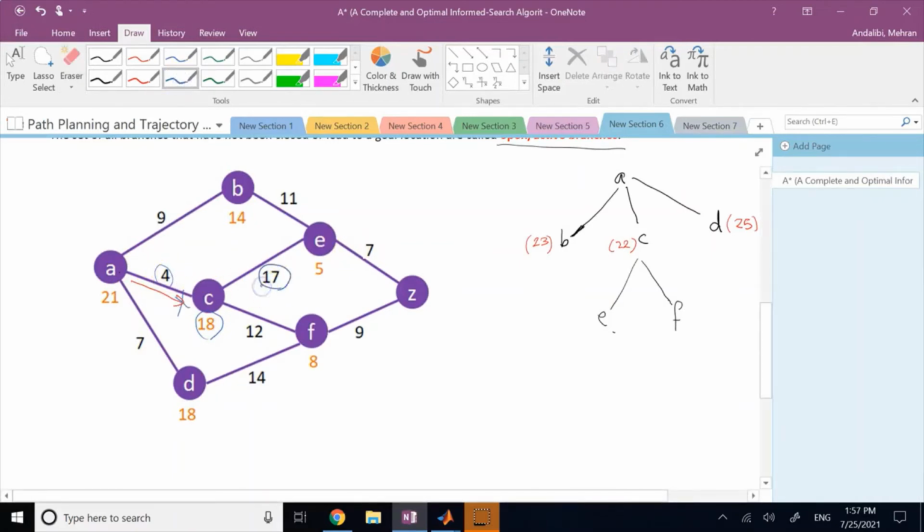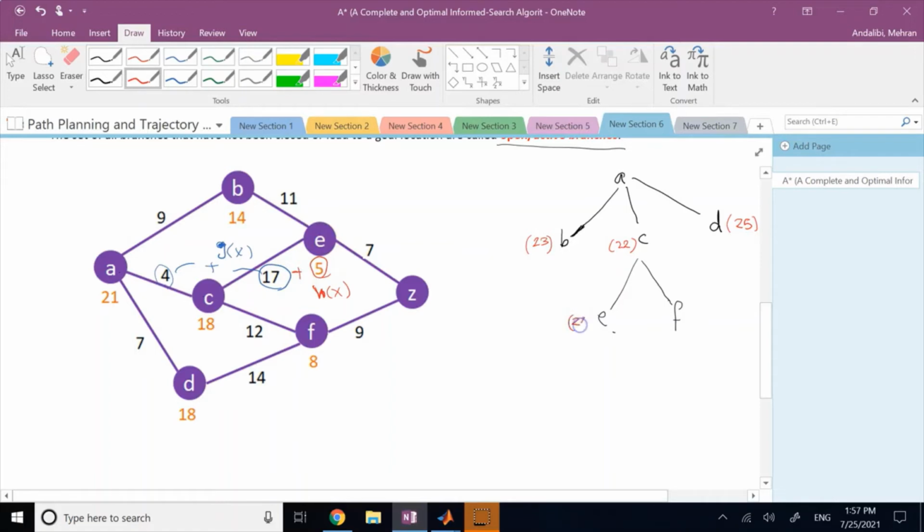You add these numbers together to get your G at location E. And then, since your current node is E, what you need to add to it is the weight at E. So this is your H of X. Basically you have to add all these three numbers together to get F at E, which is 4 plus 17 plus 5, and it is going to be 26.